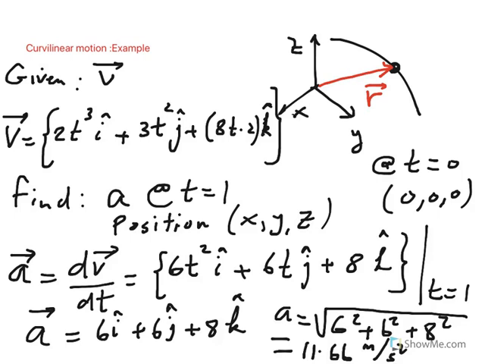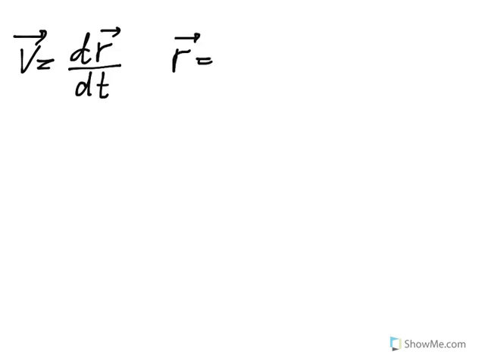Now, what we have to do to find position at a given time is first integrate velocity and then figure out the constant of integration. Since velocity is the rate of change of the position vector r, and r defines position, r would be the integral of velocity with respect to time.